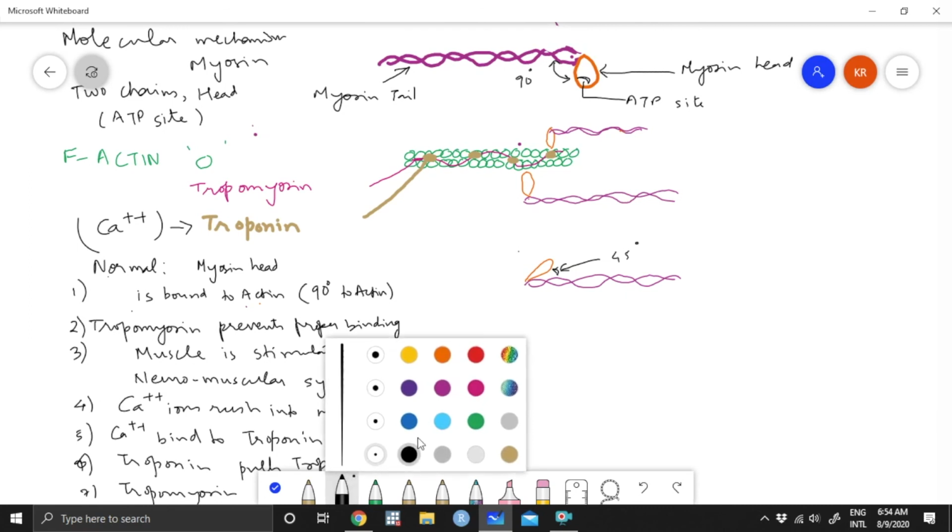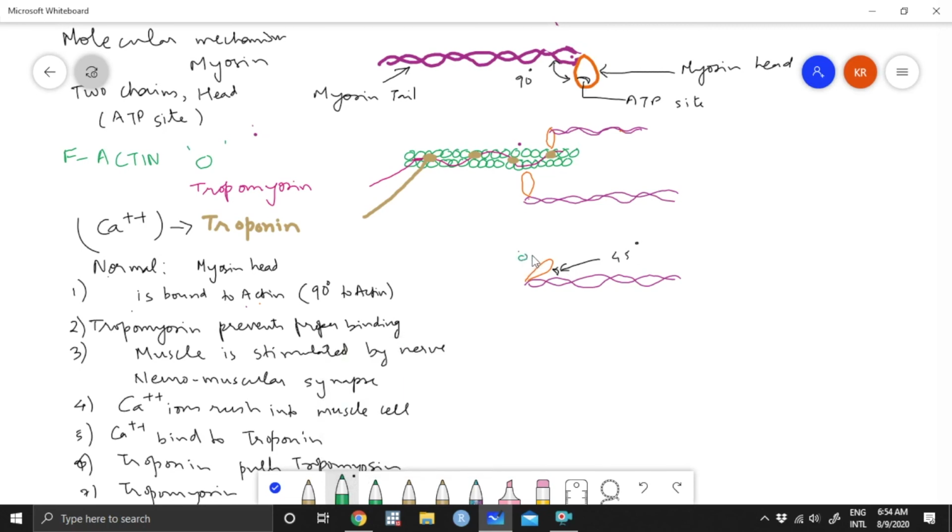So let us draw that part once again over here. It is the actin, same molecule which we are showing over here.